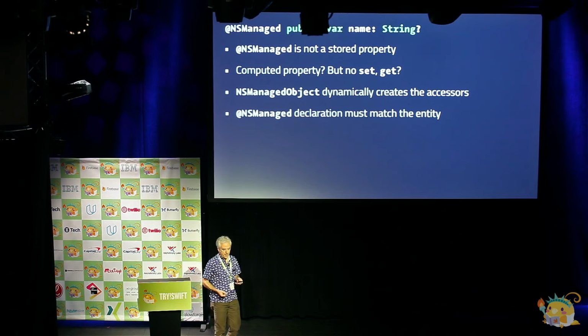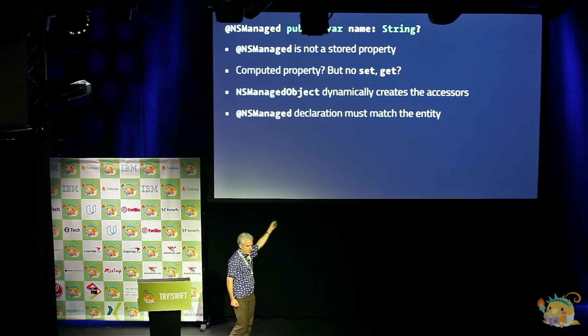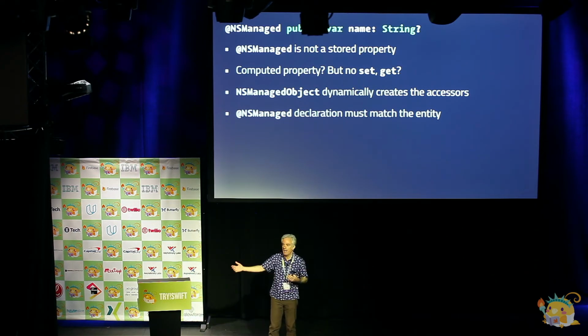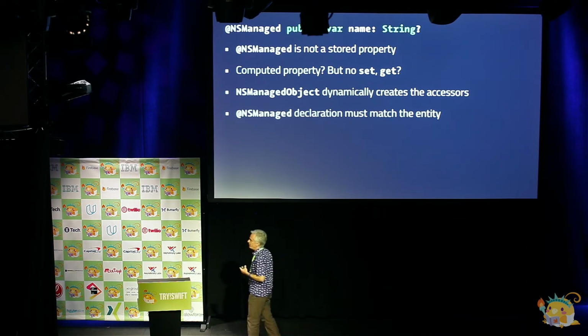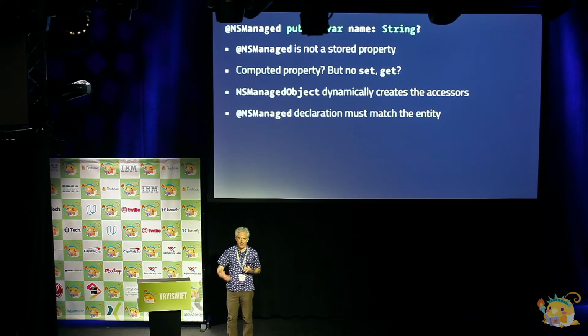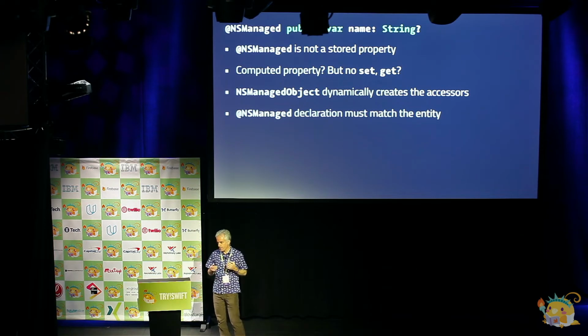And so this is really the key I'm leading up to: an @NSManaged declaration must match what you have in the entity. If you have a string or an int in the entity declaration, then your NSManagedObject property has got to match that. That's the way it usually seems, like you're stuck there a lot of the time.